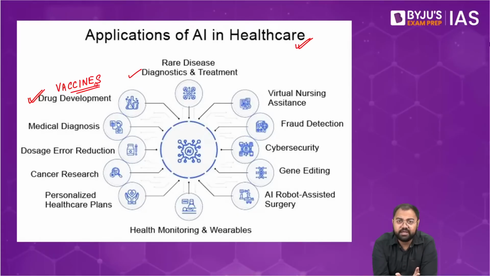So that's why we got those medicines much quicker compared to what the actual scenario could have been. That is where we see that AI can become very, very crucial. In each and every one of these sectors, or applications, AI will find its way one way or another.